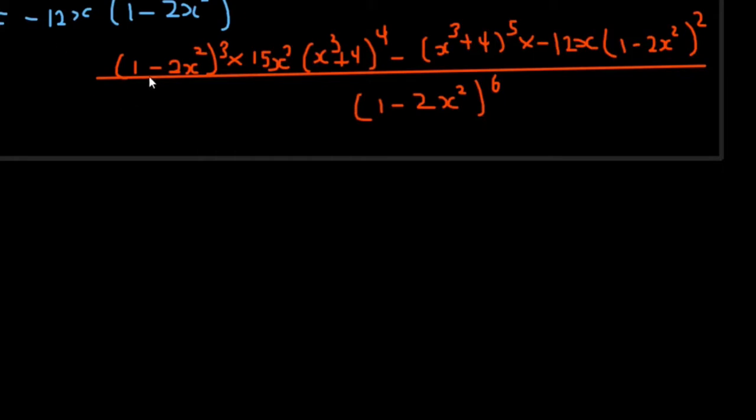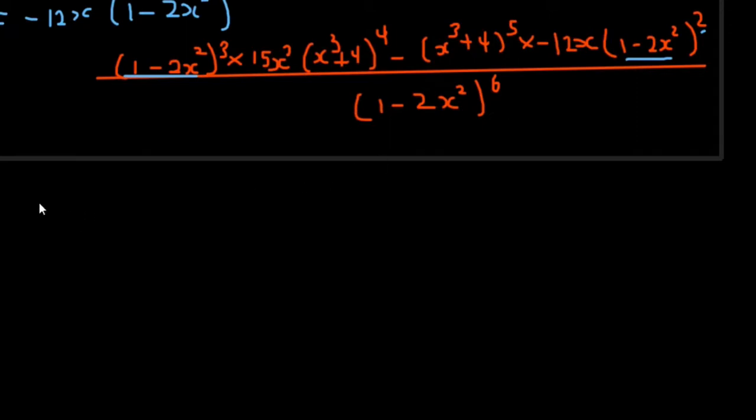So first of all, look at this (1 minus 2x squared). And you see it is common to both sides. So we have it here and then we have it here also. So what we are going to do is factor it out. This side is to the power 2 and this side is to the power 3. So I'm going to factor out the power 2 here. Look at how I'm going to do this.